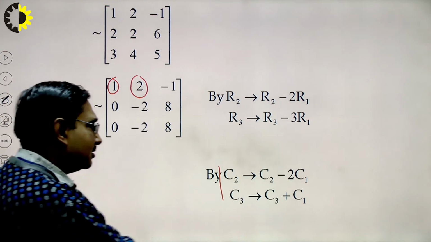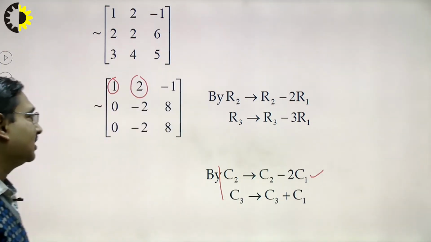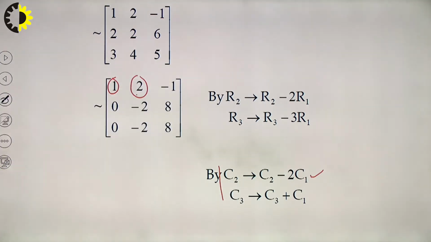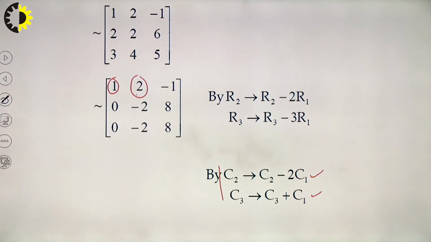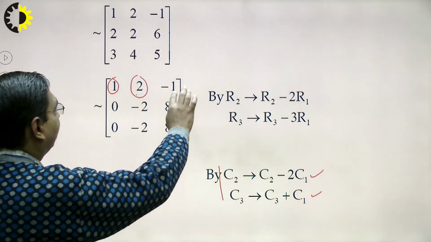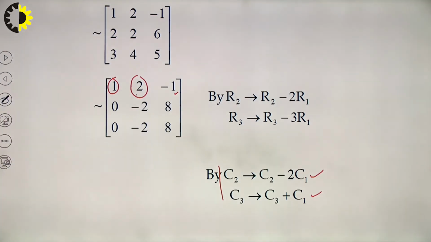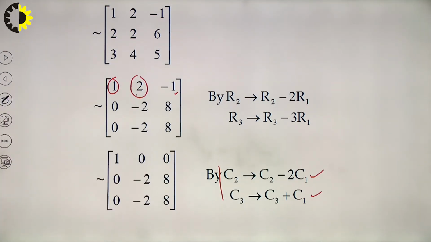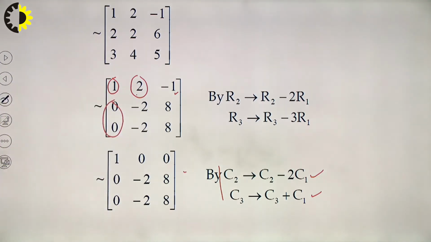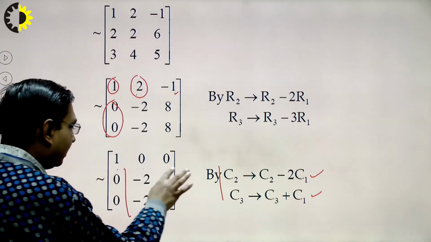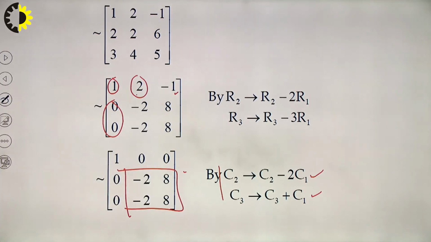So applying C2 replaced by C2 minus 2 C1, it will be 0. Applying C3 replaced by C3 plus C1, this element minus 1 will be 0, and I obtain this matrix. Because these elements are already 0, the remaining elements of the matrix are unaltered, but these two elements are converted to 0.